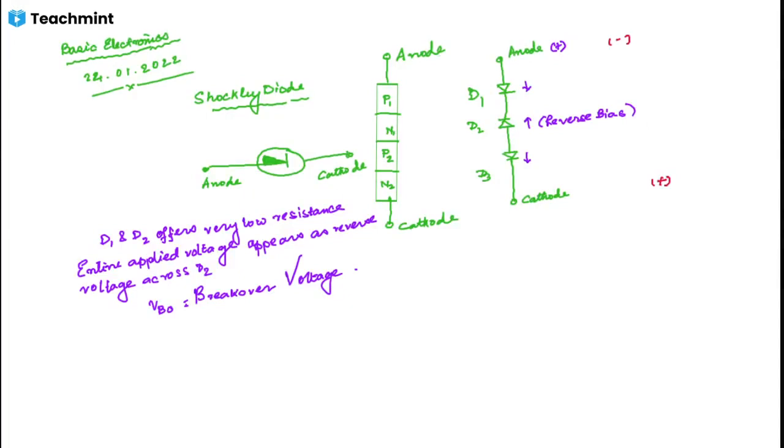So when the Shockley diode is reverse biased, diodes D1 and D3 are reverse biased.